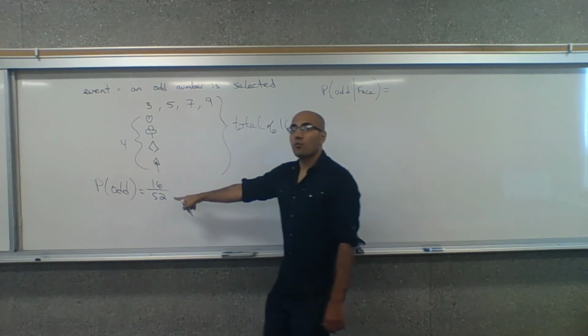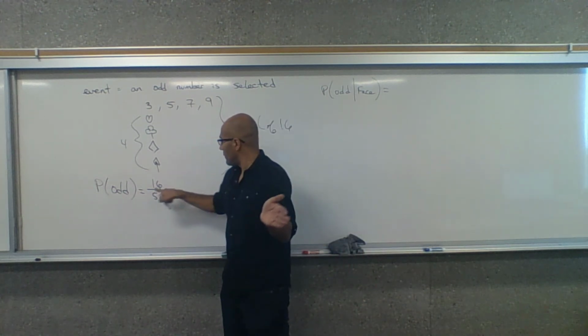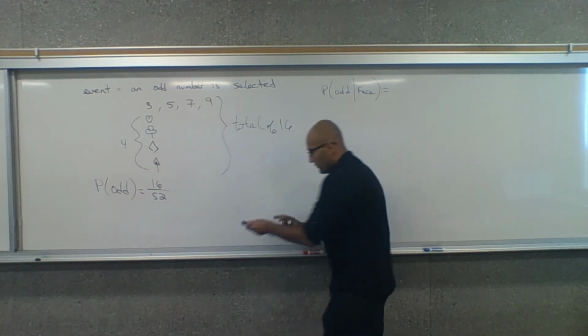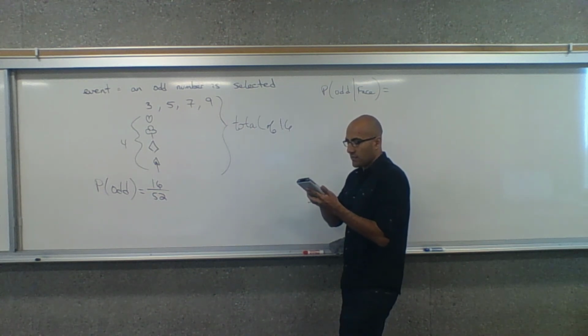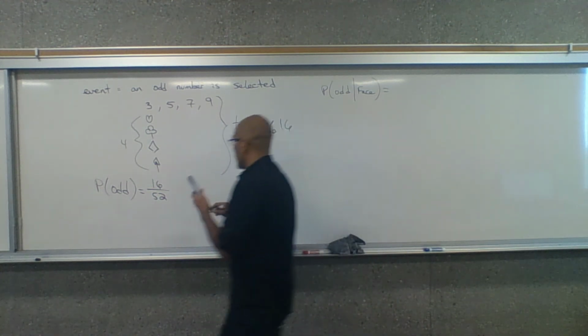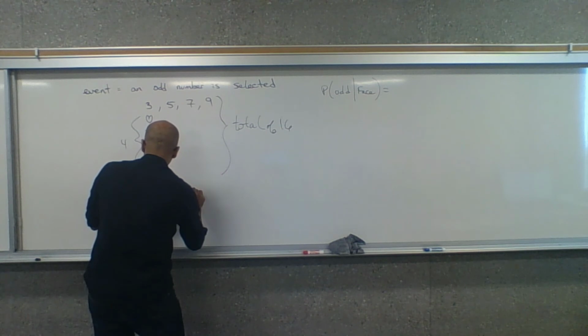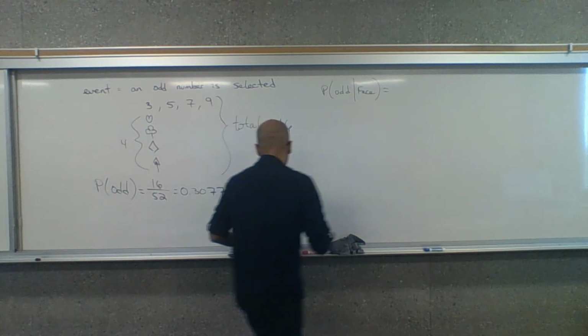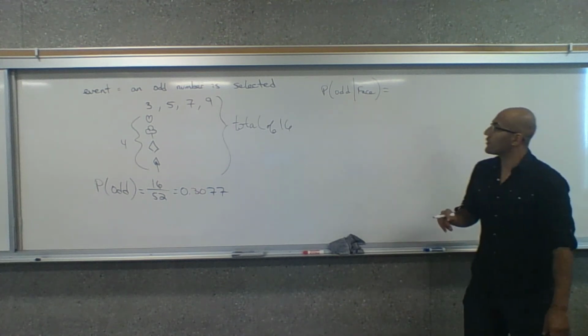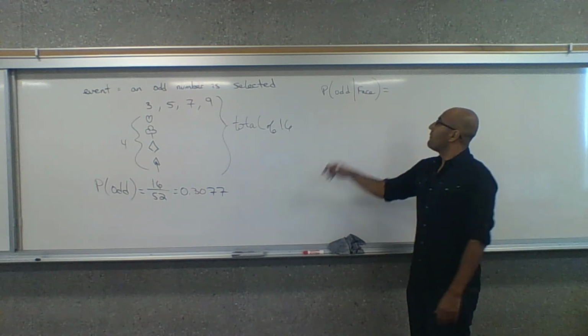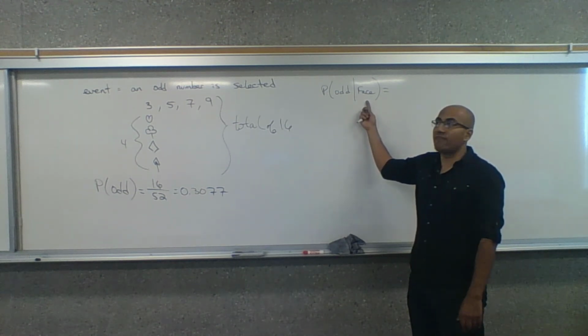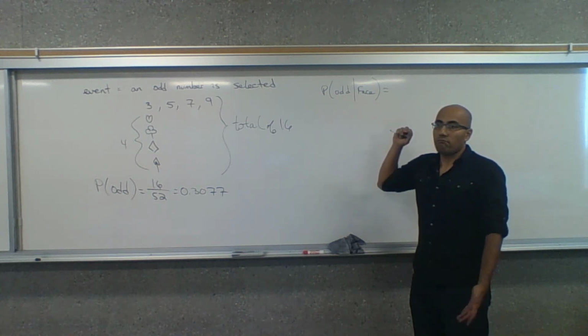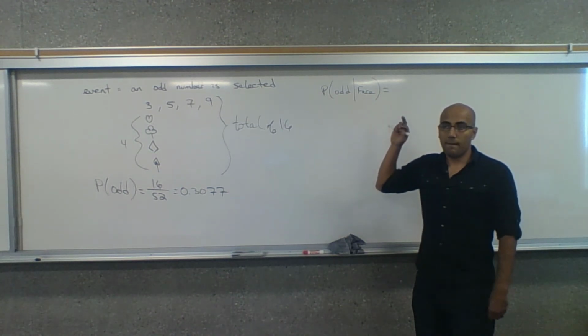My chances of winning before he told me anything were 16 out of 52. That's 16 divided by 52, which is equal to 0.3077. I had a 30% chance of winning, almost 31%. But now that he gave me a hint that it's a face card, what are the chances I could win?